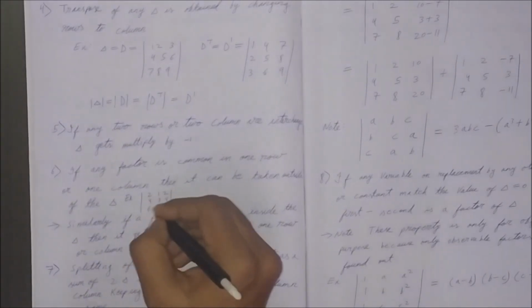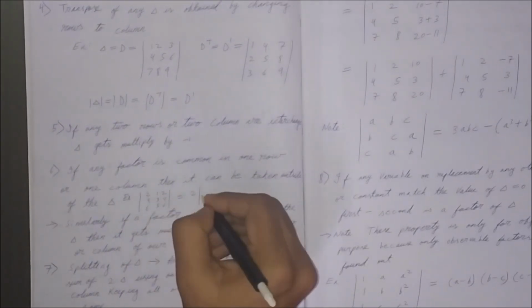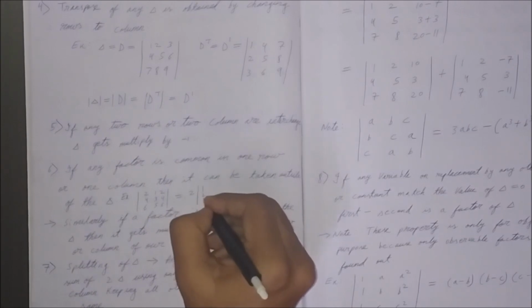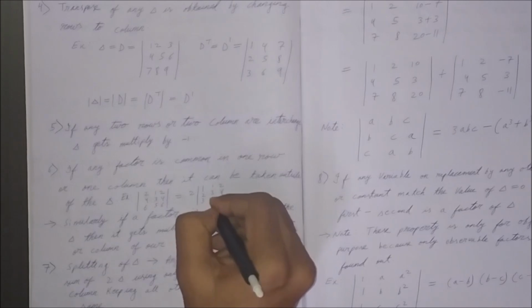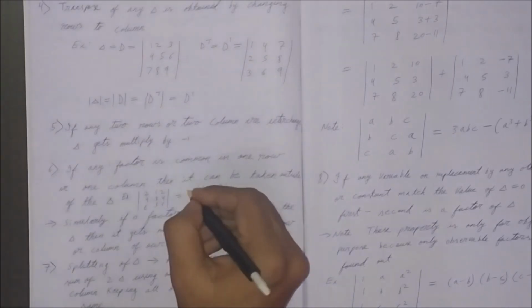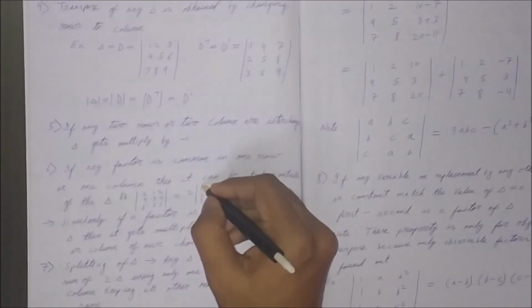So here in 2, 4, 6 the common factor is 2. So we can take out 2 from the column: 1, 2, 3, 1, 2, 3, 4, 5, 6. So the common factor is 2, which is coming out from column number 1, the first column.